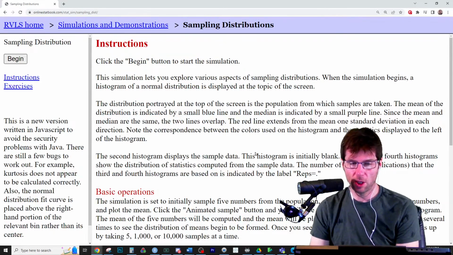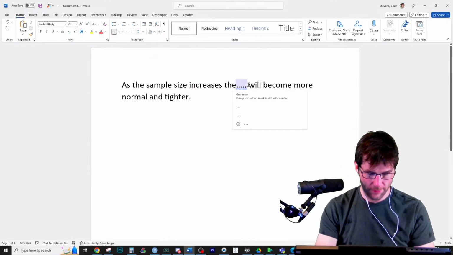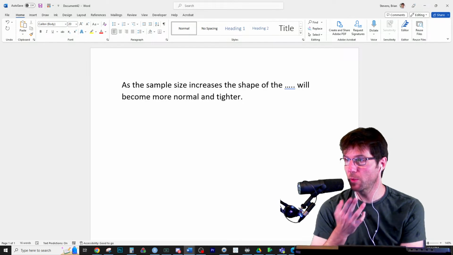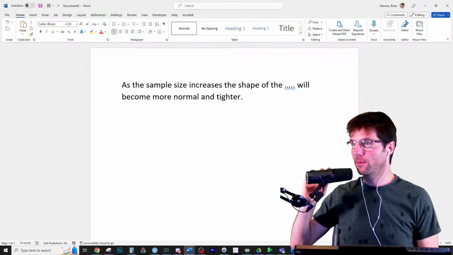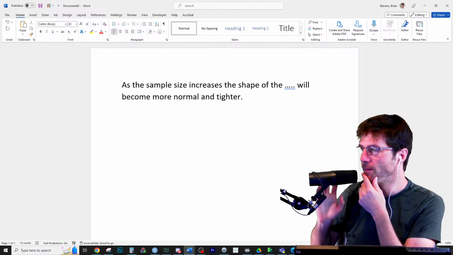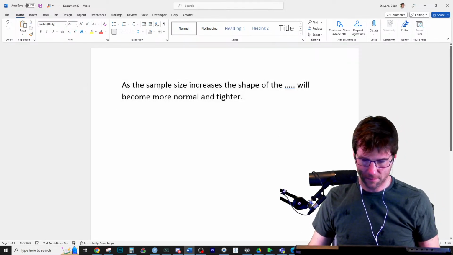The shape of the what? We could say that. The shape of the what? Well, yeah. Of the what? This is the specific part where usually the error is made. The shape of the what will become more normal and tighter. I'll give you some hints.